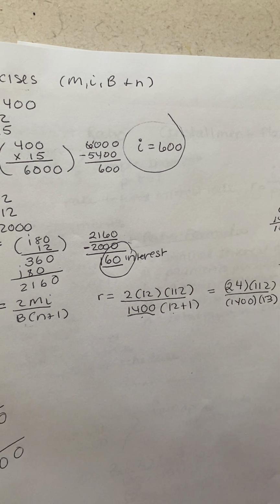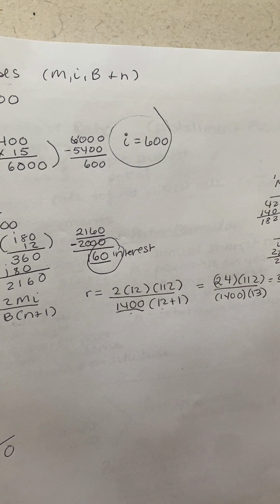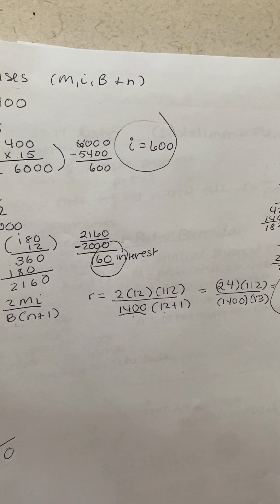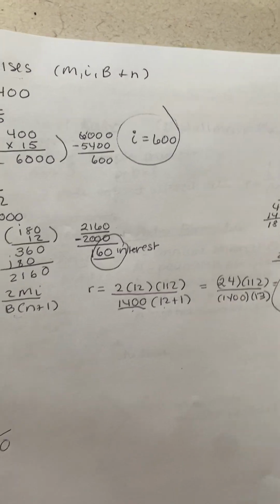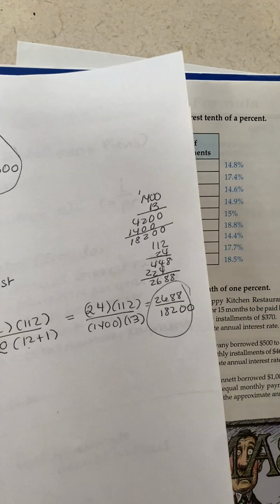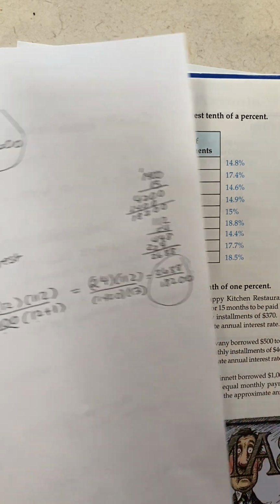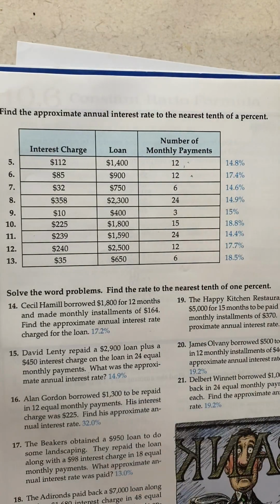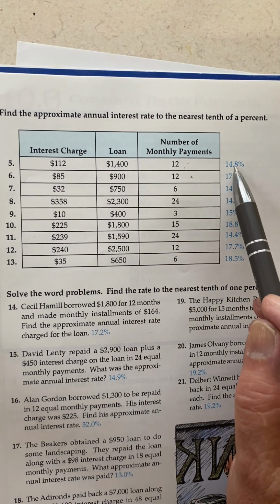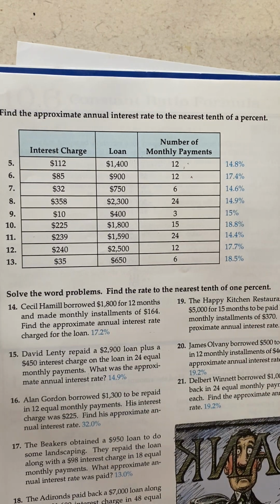I calculated out to this number here, and then you can just divide that out on your calculator. There you go. You should get 14.8%, right? So anyway, that's how you're going to do them.